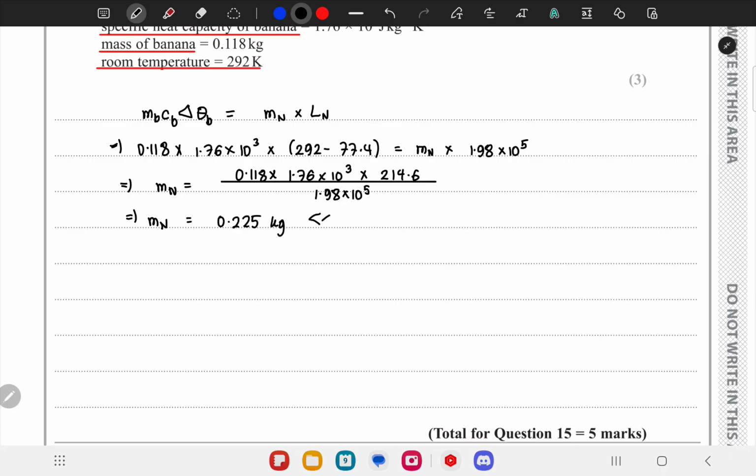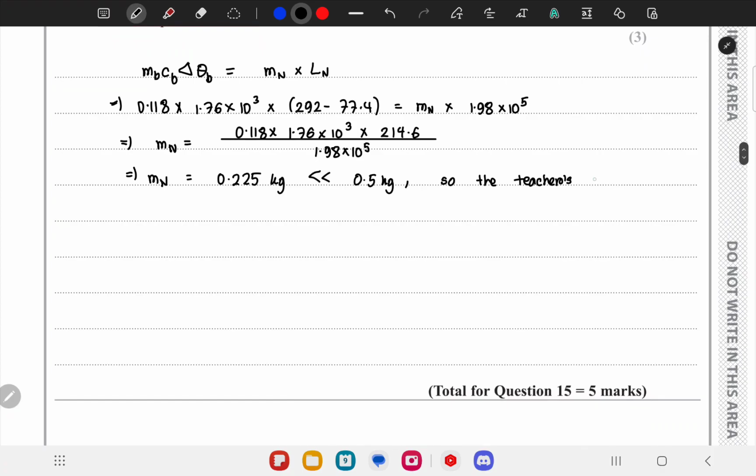So this is much less than the teacher's estimate of 0.5 kg. So the teacher's estimate was inaccurate.